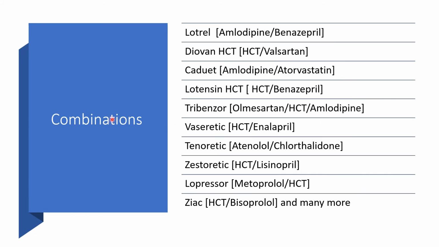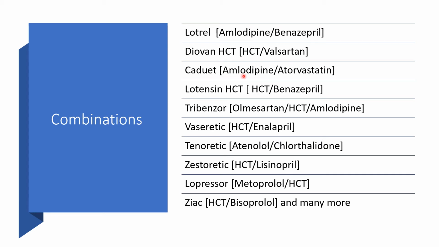Now, combinations of some of the antihypertensive agents. Lotrel is a combination of amlodipine and benazepril. That is a calcium channel blocker, dihydropyridine, with an ACE inhibitor. Another one will have thiazide with angiotensin receptor blocker.